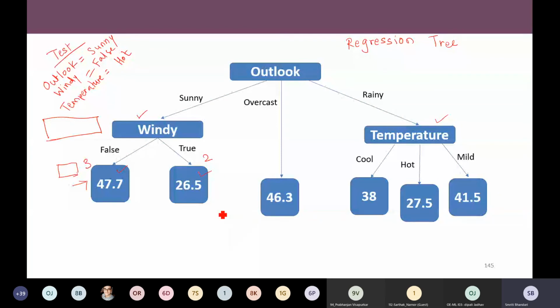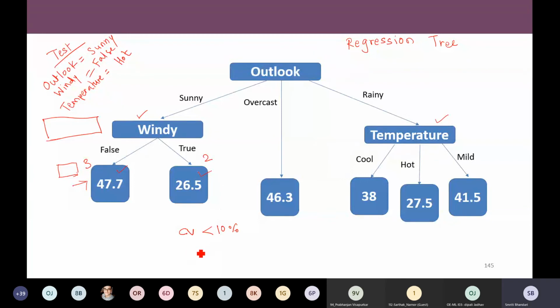And we have reached the stopping criteria. What are the stopping criteria? The stopping criteria is if CV, that is threshold, is less than 10%.